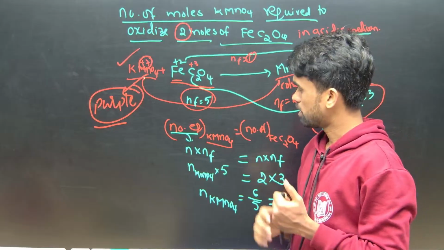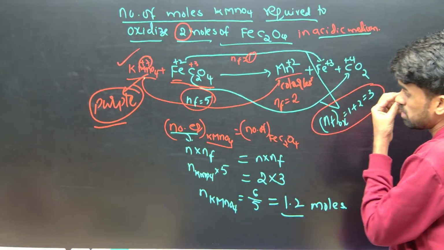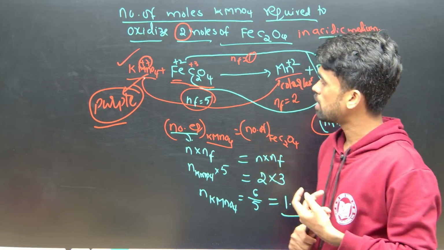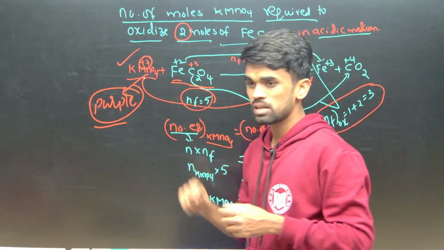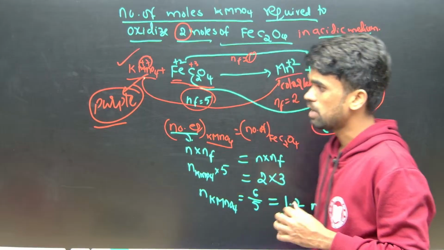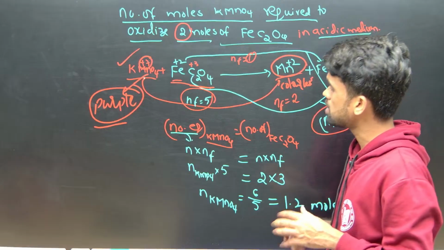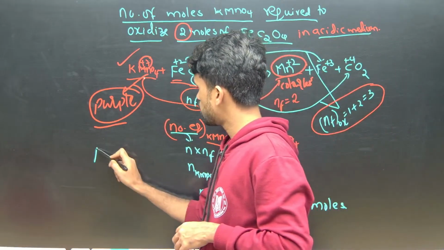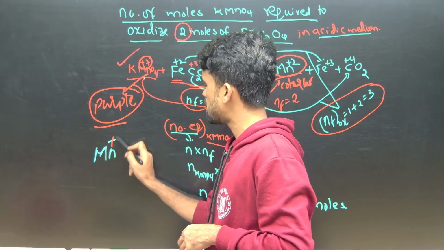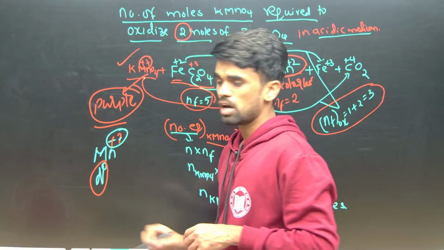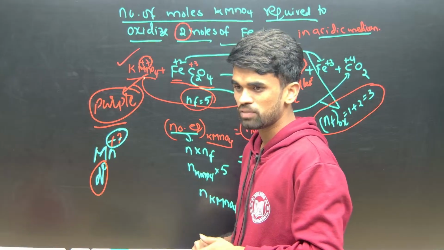Next, one more thing here. You might ask, sir, what makes it have color in its +7 oxidation state, and why does Mn+2 not have any color? Because here Mn+7 is in the +7 oxidation state, so the d orbital is empty. All d orbitals and valence orbitals are empty for manganese.